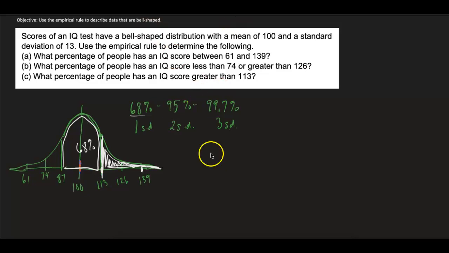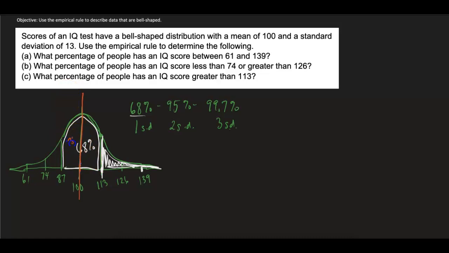Okay, so if I use symmetry a little bit earlier, I still have to do something with the 68% because this mark of 113 is at the 1 standard deviation mark away from the mean. But I could choose to use symmetry right here, and I could break up the 68% into 2 parts. So 68 divided by 2 would be 34.